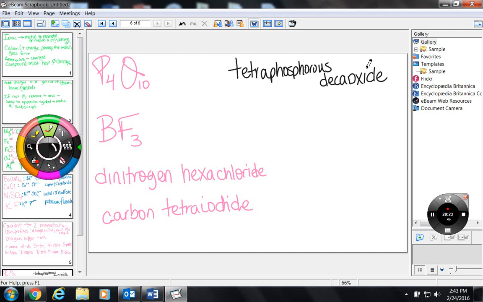Nope, you don't use a prefix with the first one. You get the prefix from the subscript right by the letter. All right, BF3. Boron trifluoride.